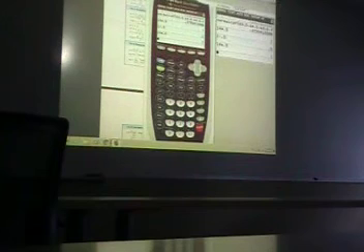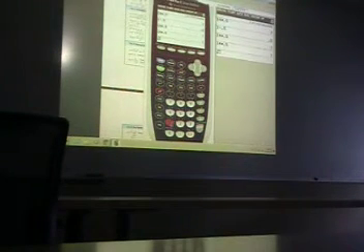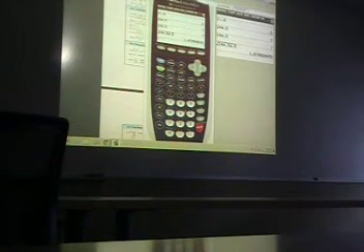N times p I did already, but if you forgot, you could do it here again. N times p is 14 times 0.5. That's 7. The standard deviation would be the square root of n, 14, times p, 0.5, times q, 0.5. So what you would think you would do here is put in normal CDF.